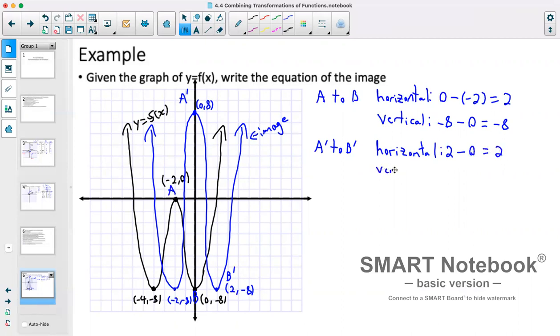And vertically, we ended at -8, and we subtract our starting point of +8. Now, like we mentioned, our A value is our new vertical distance, which will be -16, over our old vertical distance, which was -8. So our A value is going to be 2. Our B value is our old horizontal distance, which was 2, divided by our new horizontal distance, which is 2. So our b value is 1.